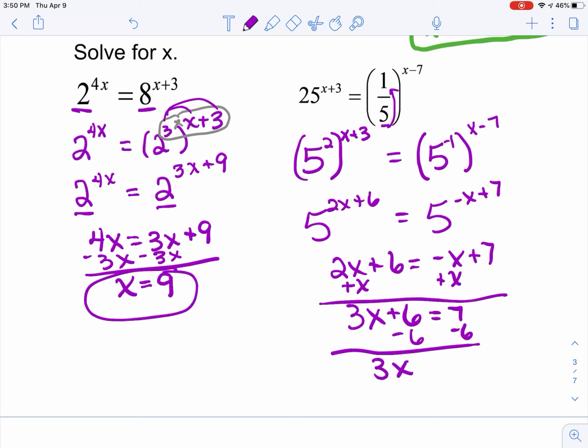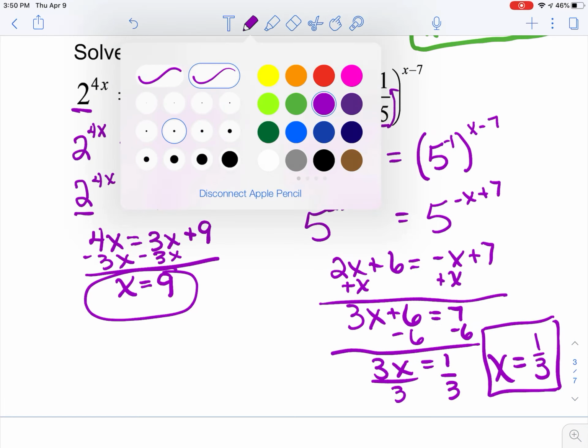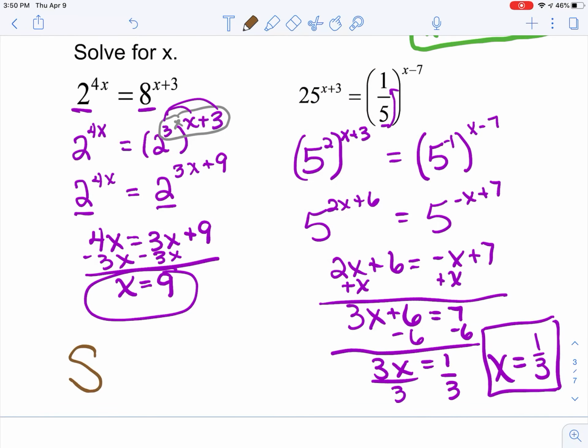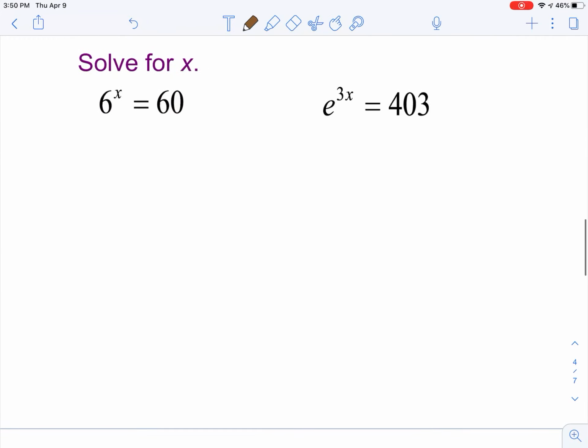Subtract 6. 3x equals 1. Divide by 3. And x equals 1/3. So your key is to get the same bases. Make your numbers the same bases.